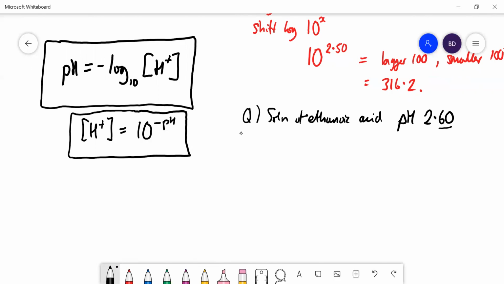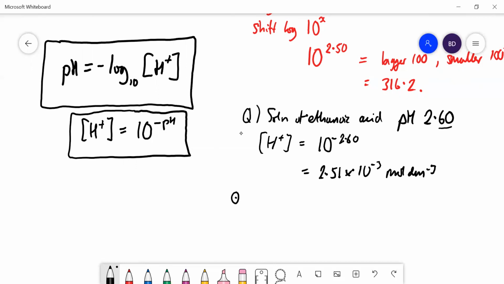What's the hydrogen ion concentration going to be for that? The hydrogen ion concentration in that solution is going to be 10 to the power of minus 2.60, so you do shift log minus 2.6, which is 2.51 times 10 to the minus 3 moles per decimeter cubed. So the hydrogen ion concentration is pretty small.